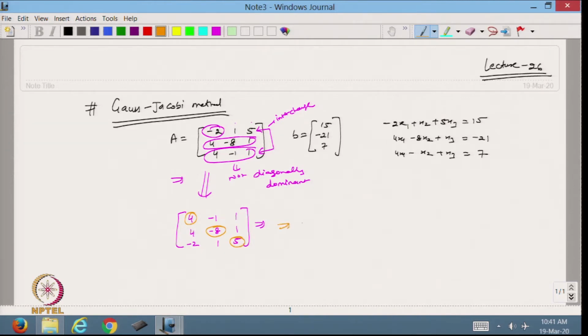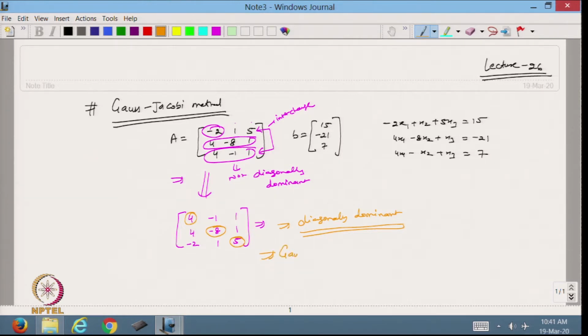So this matrix is diagonally dominant. So if I take this matrix instead of the earlier matrix, then my Gauss-Jacobi method will definitely converge.